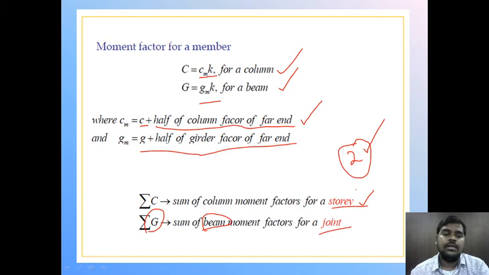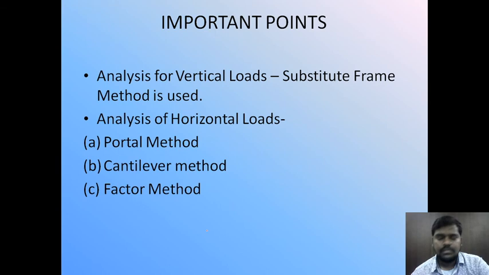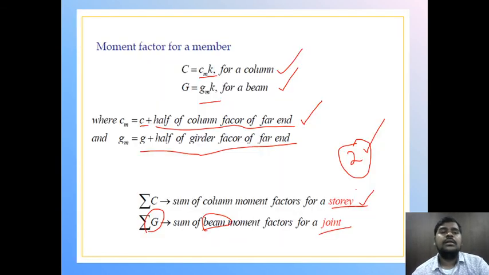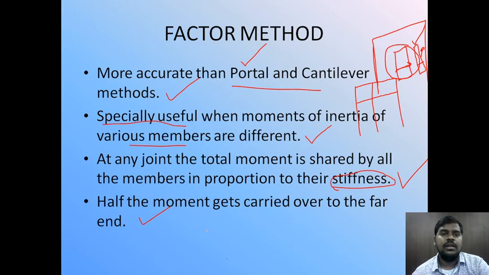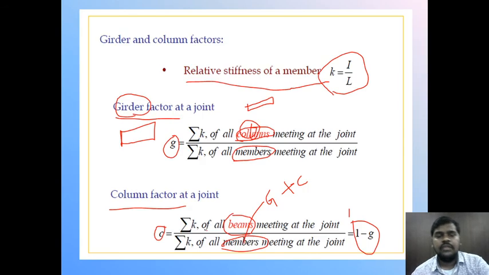The main purpose of using girder as a term here is that it deals with structures of more than 2 or 3 or 4 stories, multi-story buildings. That is the reason they use G, that is girder. And this is regarding the factor method.